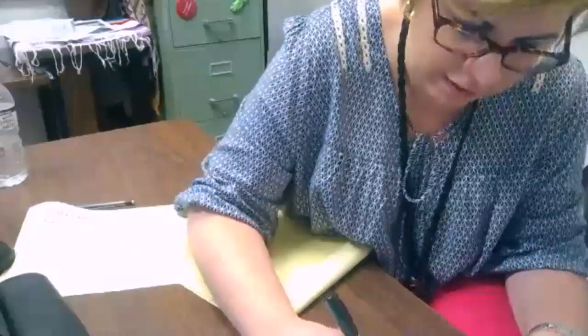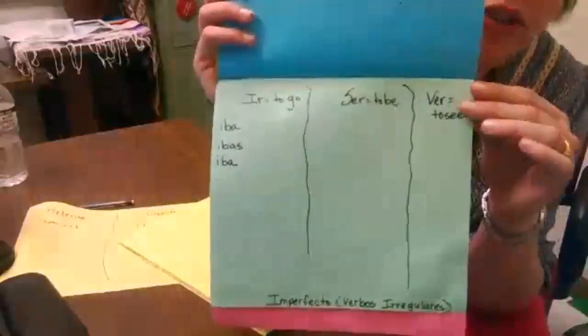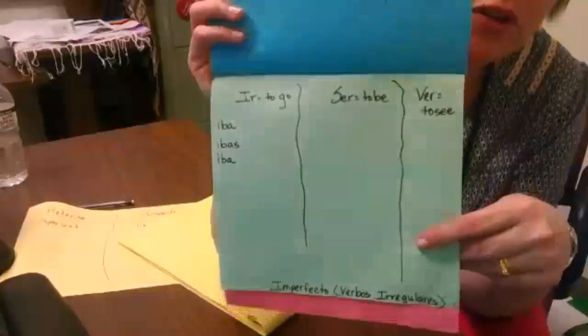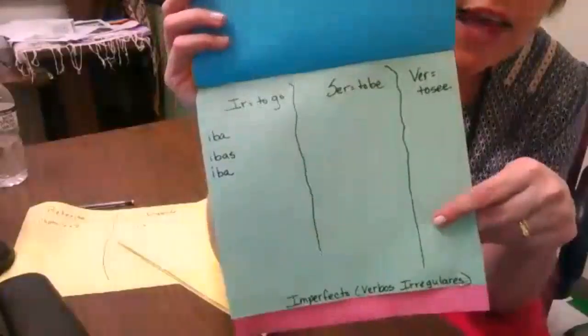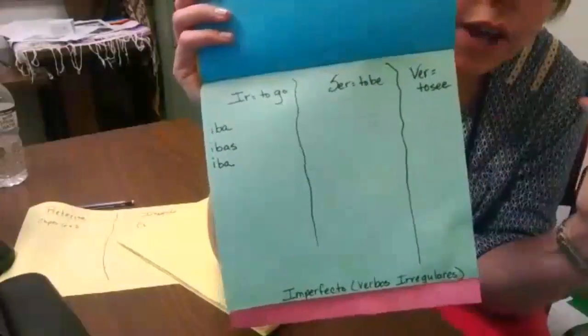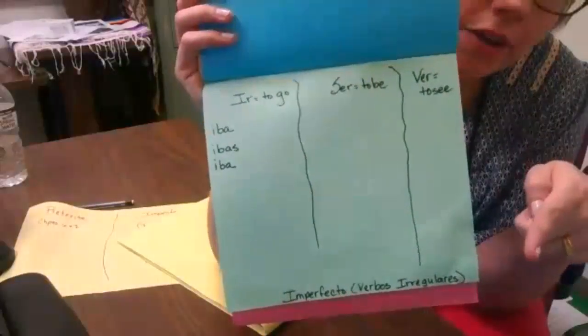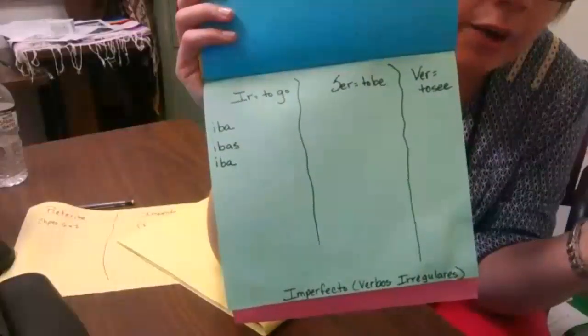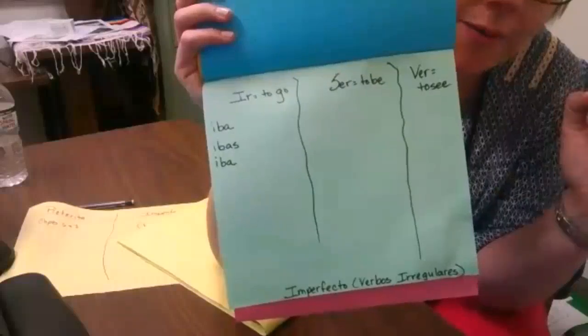And guess what the third person singular is? Did you say the same as the yo form? You're right. It is. Iba. So we have yo iba, tú ibas, él, ella, and usted iba. So I used to go, you used to go, he or she used to go, or you formal used to go.